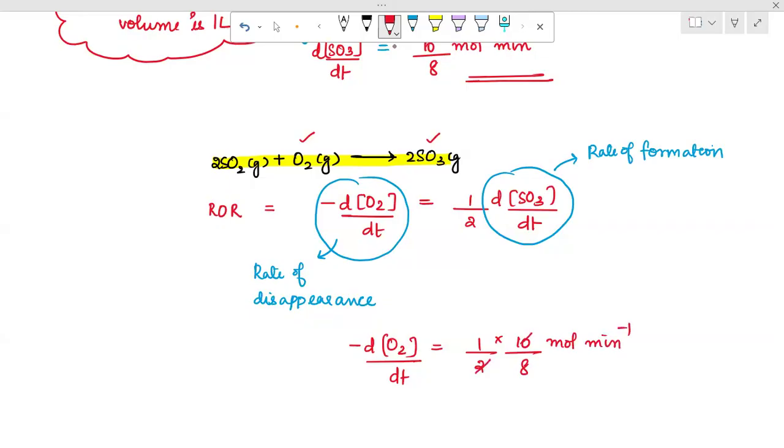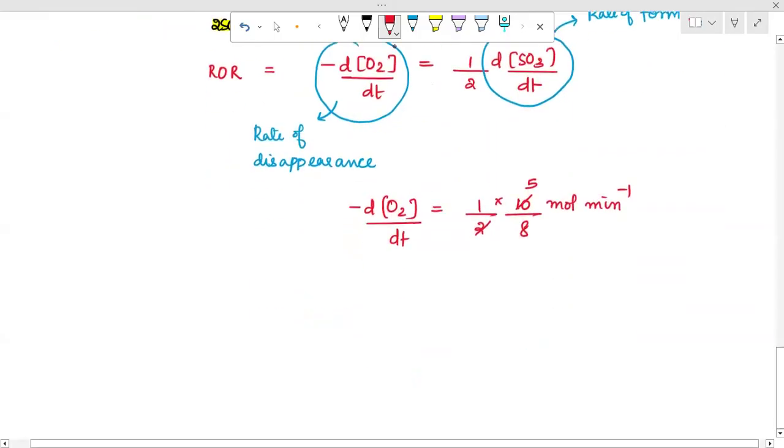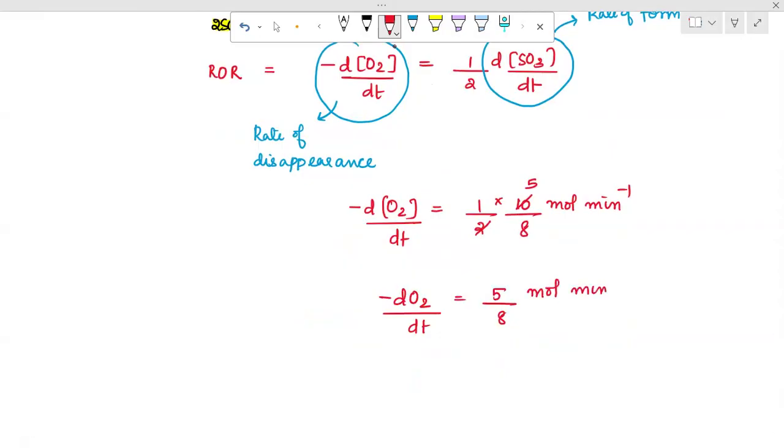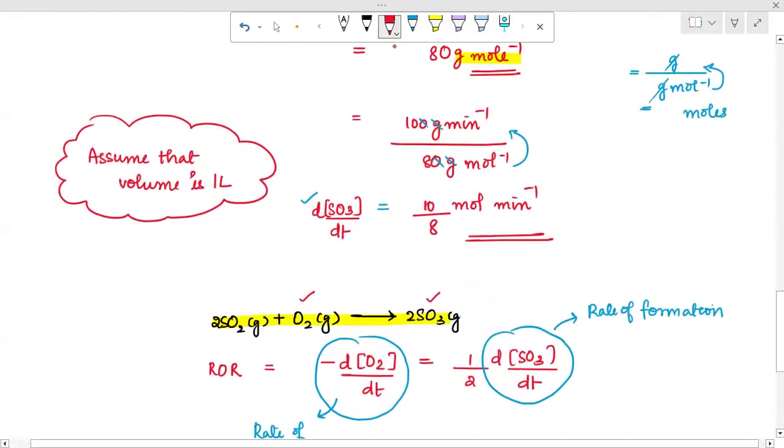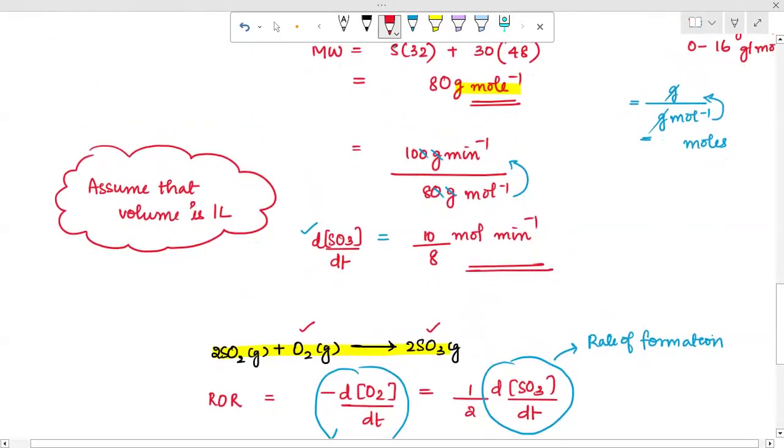And when you solve it, you get that the disappearance of O2 is equal to 5 by 8 moles per minute. It's okay even if you don't write per liter, because we have assumed that the volume is 1 liter. So it does not matter even if you divide it by 1 or not.